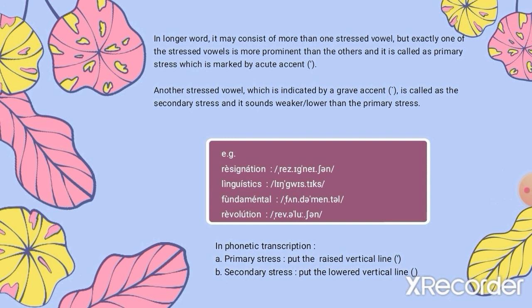And how about the other stressed vowel? Another stressed vowel, which is indicated by a grave accent, is called secondary stress, and it sounds weaker and lower than the primary stress.